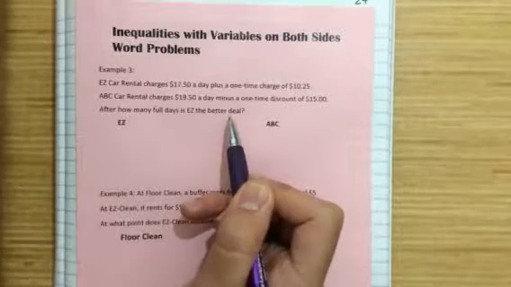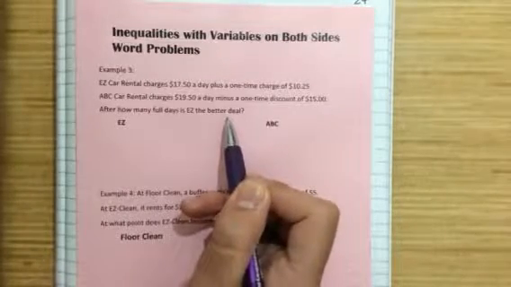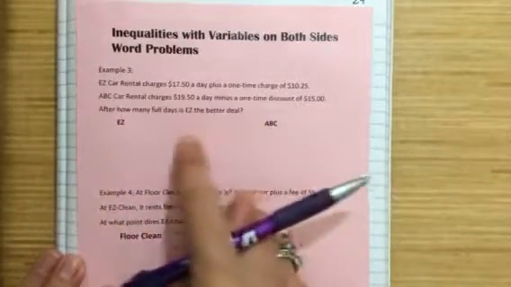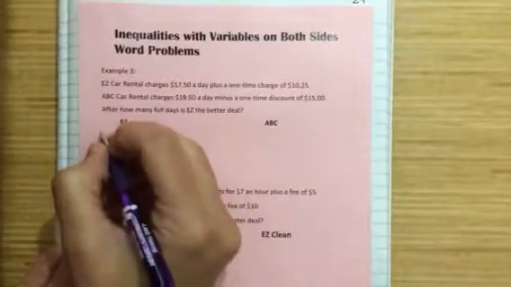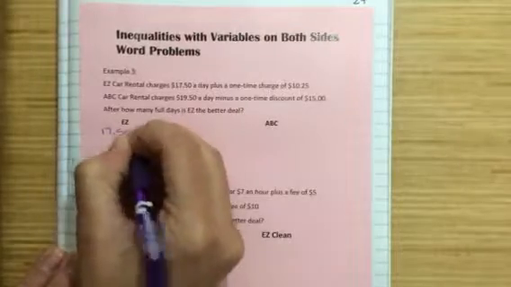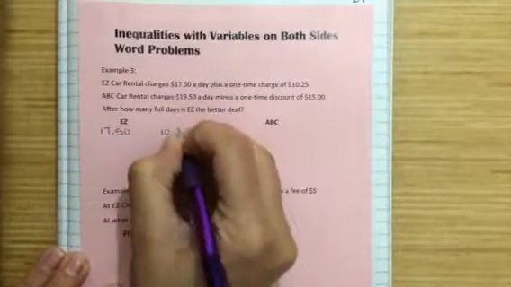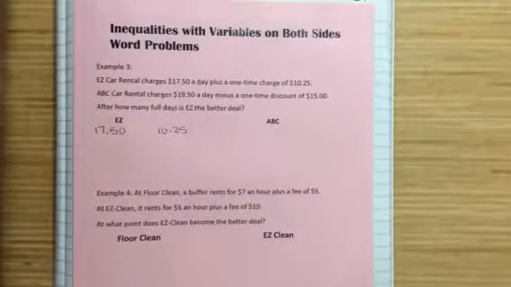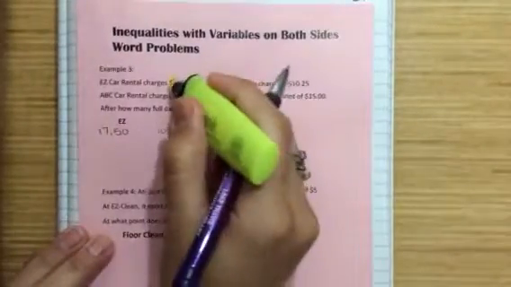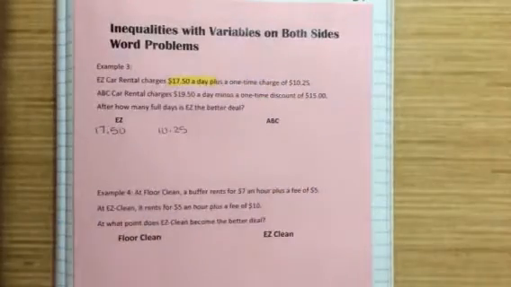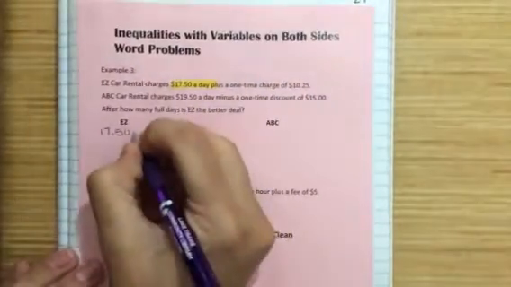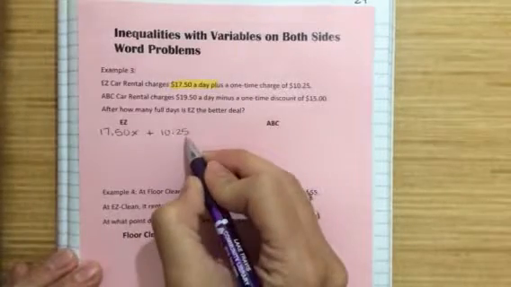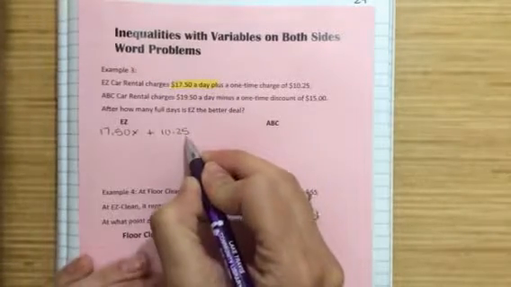So just like we did with equations with variables on both sides, we're going to go ahead and make a column for our information. So let's look at the numbers for Easy Car. That's $17.50 and $10.25, okay? Now, let's see which one of those gets the X. This is $17.50 a day, so it repeats every day. So this gets the X. And this is just a one-time charge, so it only happens once.